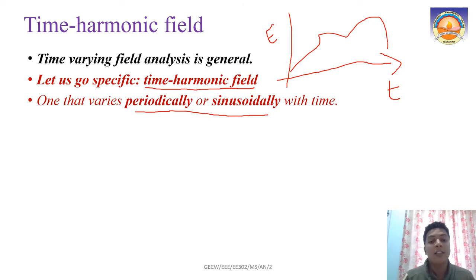If your field is a time harmonic one, you have a periodic variation of your field with respect to time. For our analysis we will consider that periodic variation to be sinusoidal. So a sinusoidal variation with respect to time, that we call a time harmonic field.